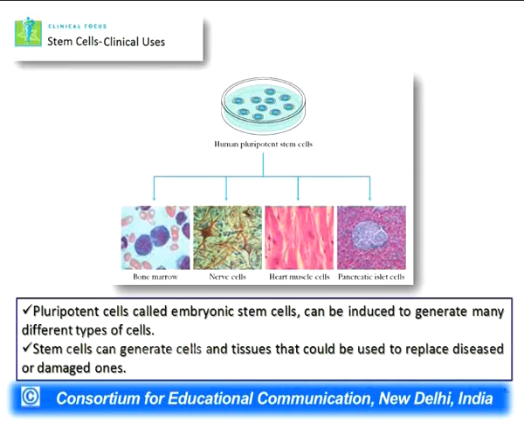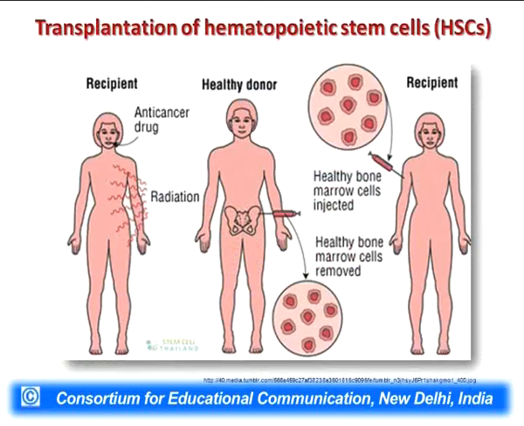So there is absolutely high value in these stem cells, which are gaining a lot of research attention throughout the world, and the world is now focusing on developing this stem cell research to replace diseased or damaged cells. Now, hematopoietic stem cell research has also been instrumental in cancer therapy.